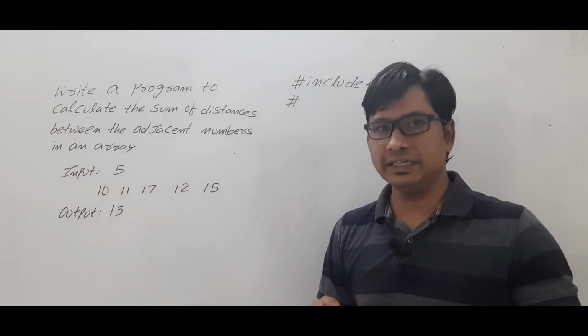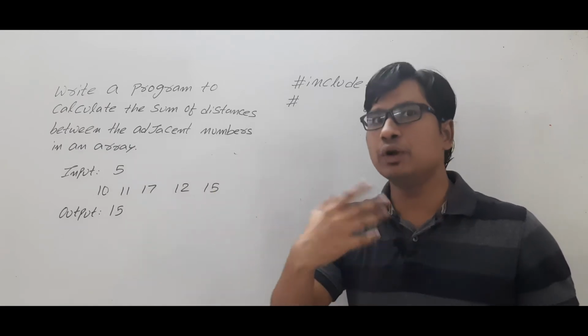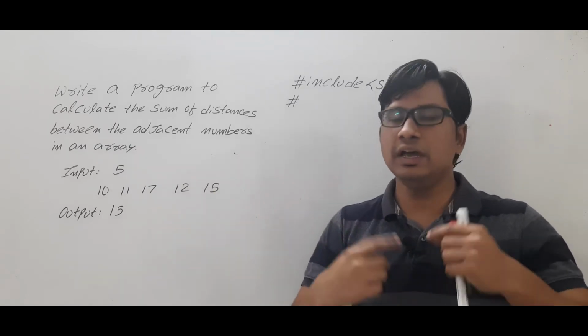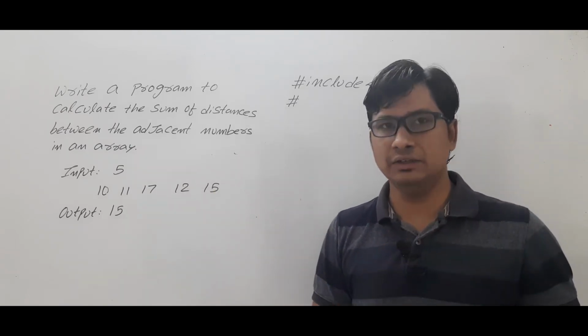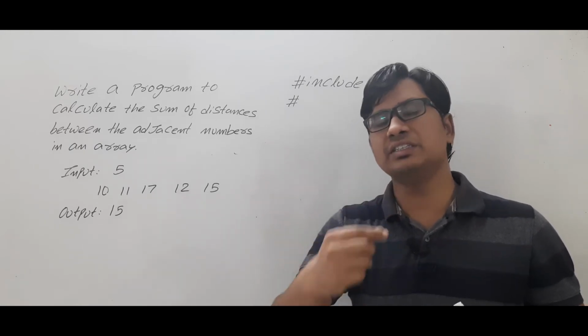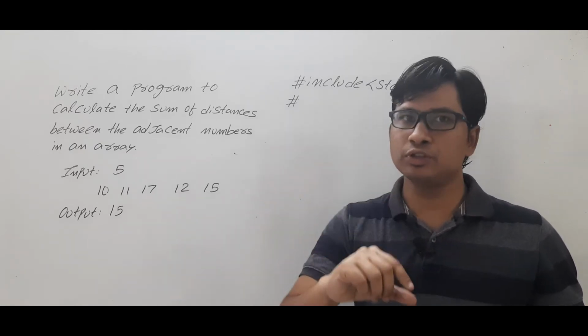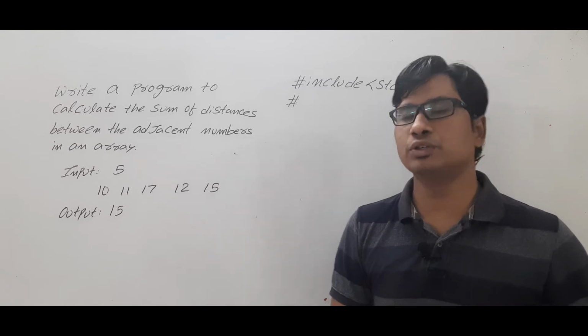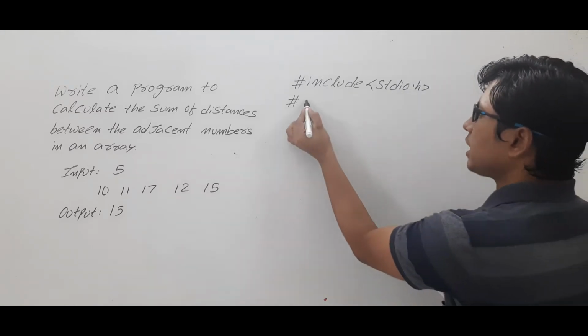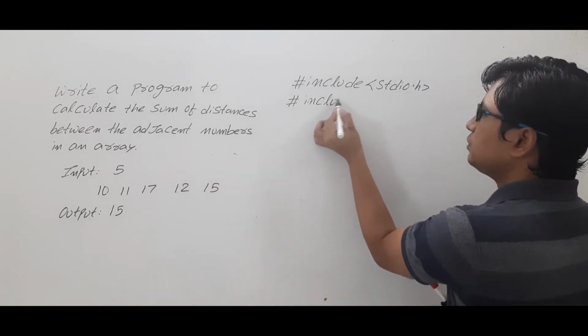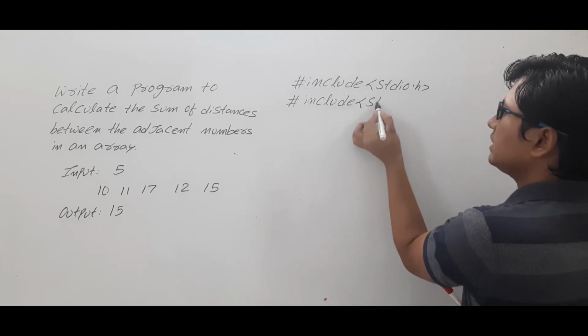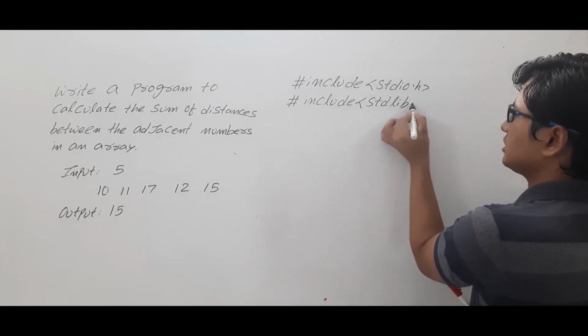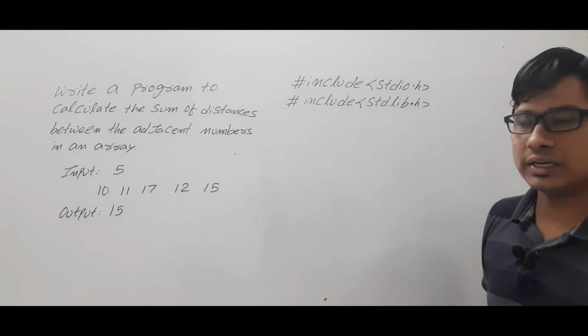But the distance is 1. So I want to convert it into a positive number. So I want to find its absolute value. An absolute function, if you give a negative number or a positive number, will give you the positive number. So to use that absolute function, I need to include the header file called stdlib.h. Are you able to understand?